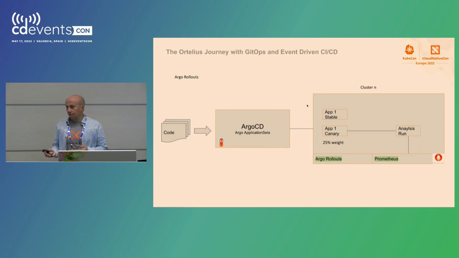Does it have any 400 or 500 errors? And if it's good, then it proceeds to the next step. Then it will start introducing 50% of that new version, and then 75, 100, for example.